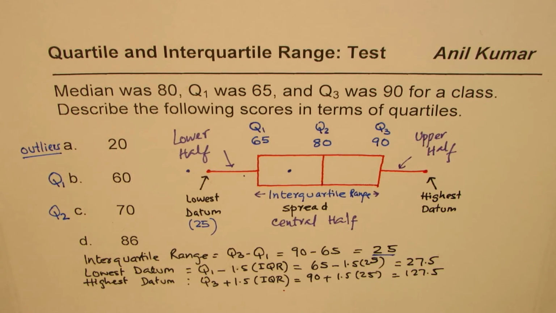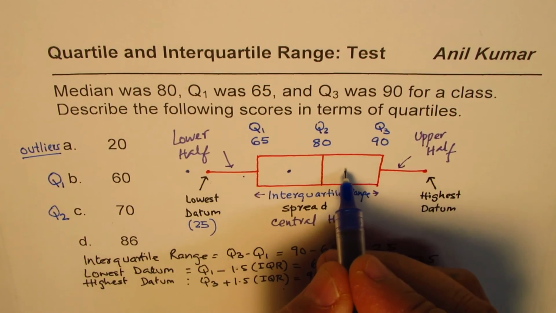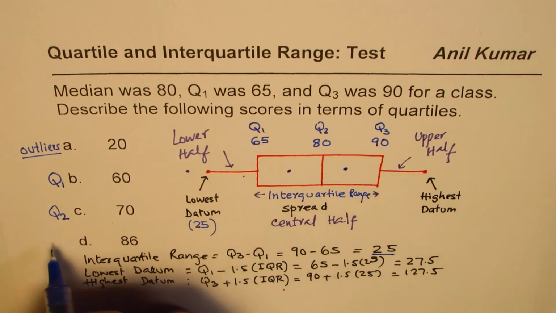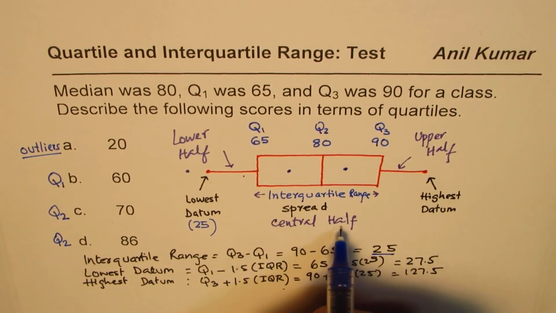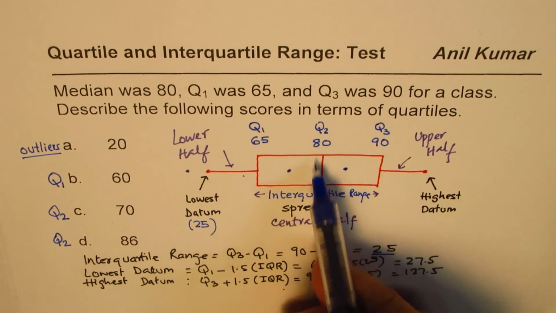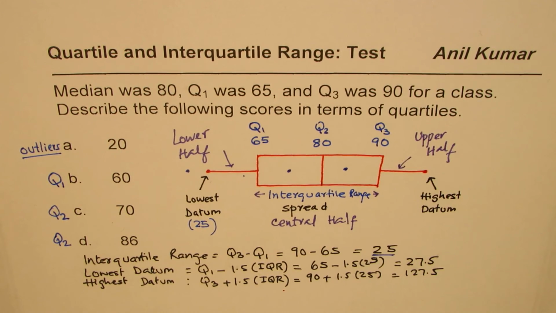It gives you the spread around the median. So it'll be Q2. 86 also happens to be within this box. Everything within the box will be associated with the central half, so we'll associate Q2 with it. That is very important to understand. So that is how you could answer the question.